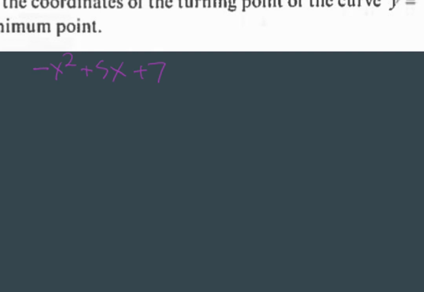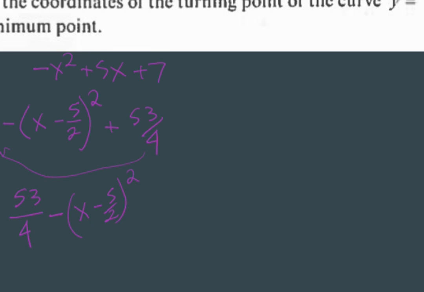And we get negative x minus 5 halves squared plus 53 over 4. And we want it in this form, so I have to move this up front. So it's 53 over 4 minus x minus 5 over 2, and all of that is squared.